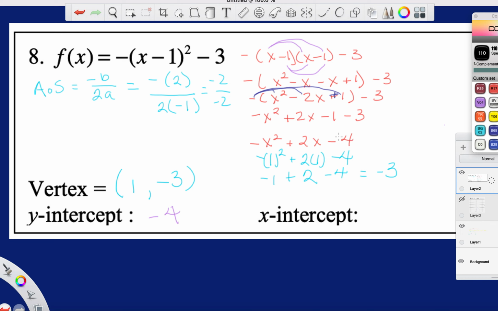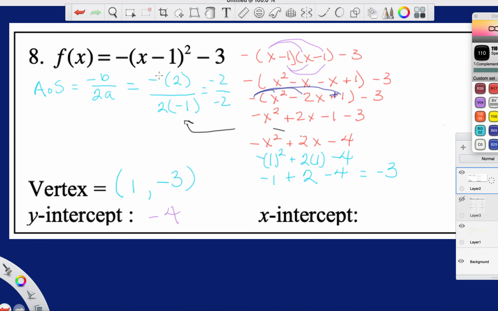And I'm set here. I have an a and a b and a c. Everything's great. So a is negative 1. b is 2. So I go up here and I use all this information up here, and I'm going to put it into my axis of symmetry formula, right?